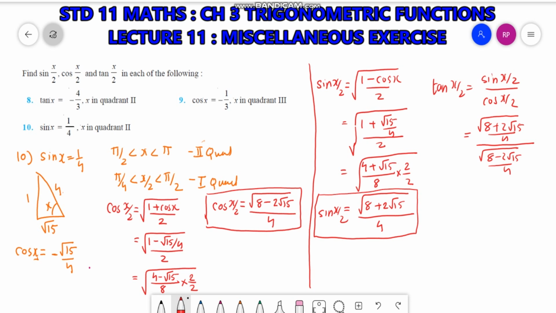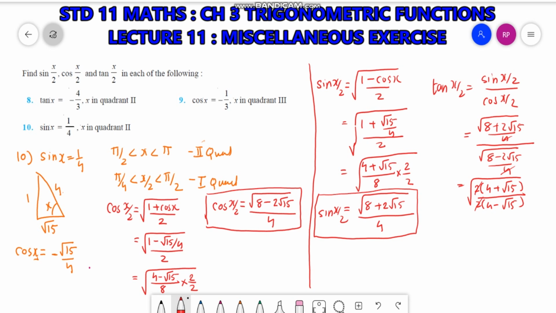Okay, so the 4 gets cancelled, and when I take 2 common from here, it will be 4 plus root 15 and 2 common from the denominator, 4 minus root 15.